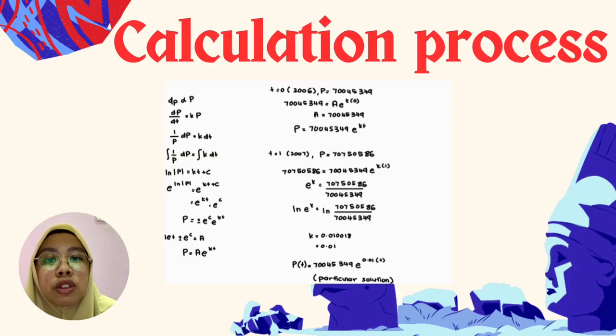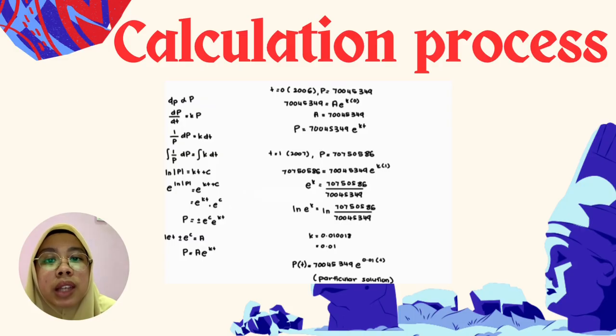Next, I substitute the data given to find the values of a and k. From the data, when t equals 0, the population is 70,045,349, and when we substitute it, we get a is the same as the population P, which is 70,045,349.